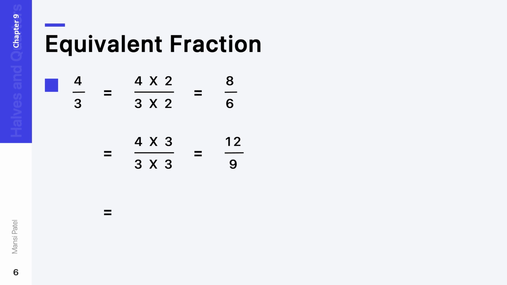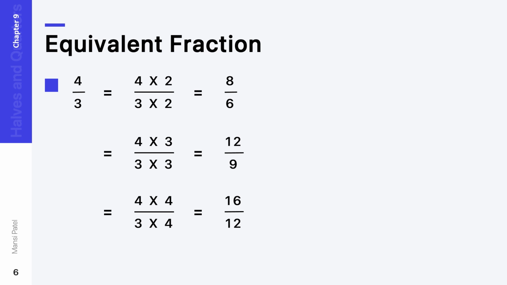Now if you want to multiply by any other number, you can also. 4 upon 3 multiplied by 4: 4 4s are 16 and 3 4s are 12. So 16 upon 12 is another equivalent fraction of 4 upon 3.